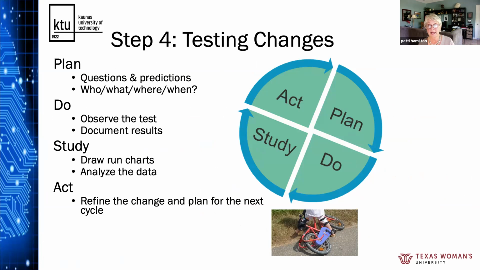So the planning is coming up with our questions: who and when and how will we know? The do, we observe before we do something, and then we test the outcome of doing something. We document our results, and that's where informatics comes in. We study it.